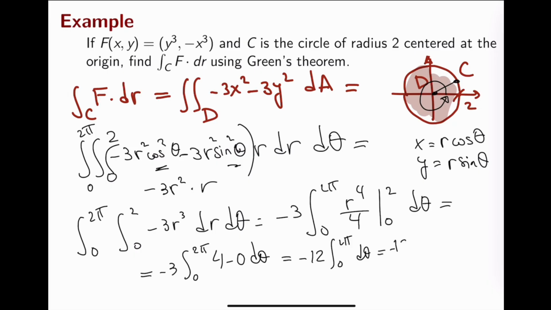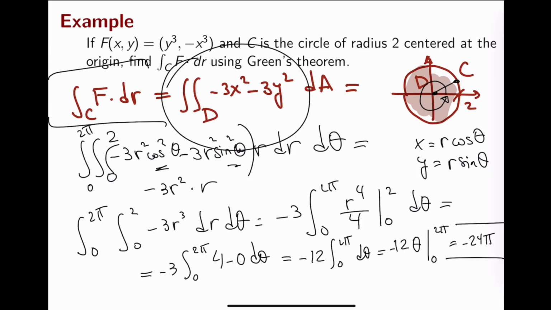So this is minus 12 theta evaluated between 0 and 2 pi, which is 2 pi times minus 12, which is minus 24 pi. So that will be then the result of the line integral that we calculated without doing any line integral, right? But doing a double integral according to Green's theorem.